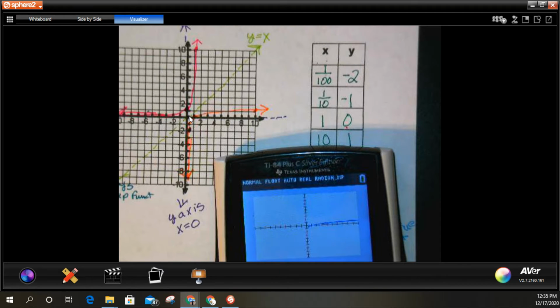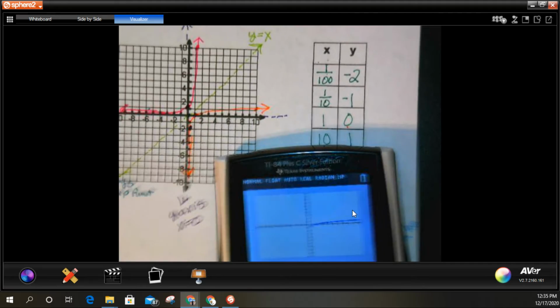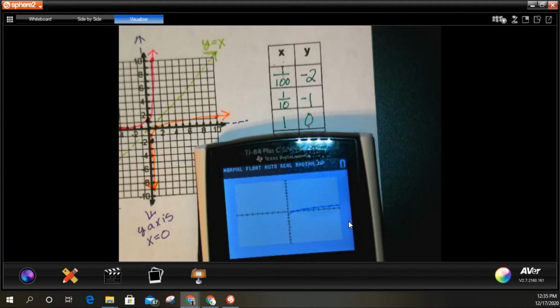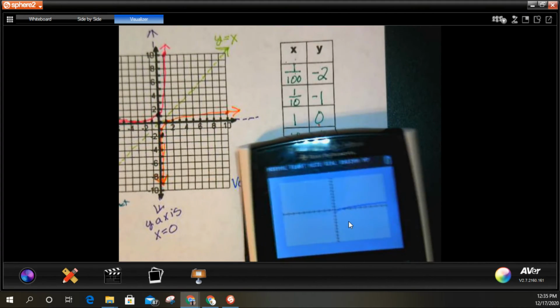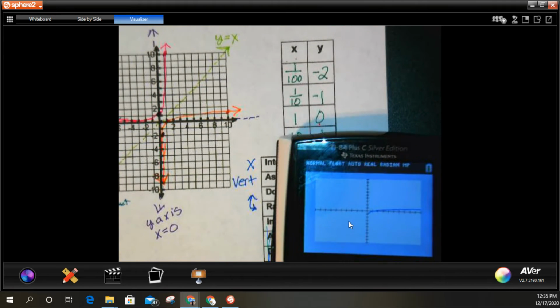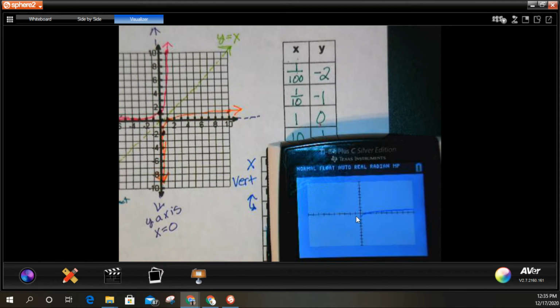This line is getting so close to that y-axis. The problem is my calculator, although today's technology is much better than it was, doesn't have enough pixels to show the closeness of this function getting to the line.